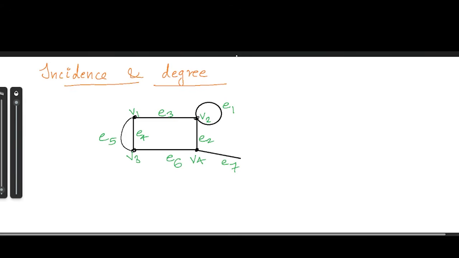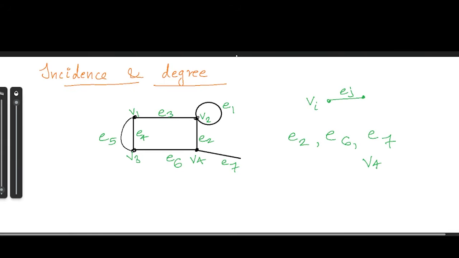Here, when a vertex Vi is an end vertex of some edge Ej, then Vi and Ej are said to be incident with each other. Here, in this figure, we can see that E2, E6 and E7 are incident with the vertex V4.